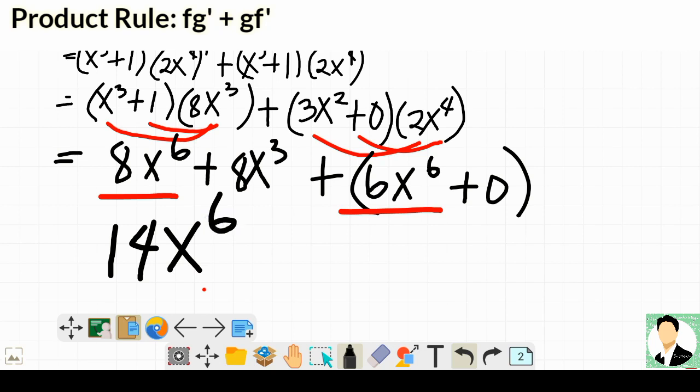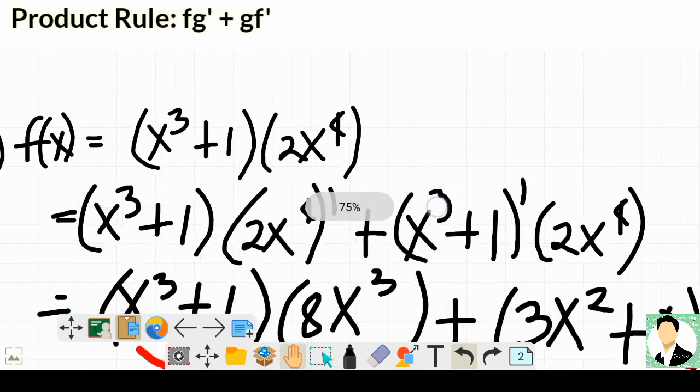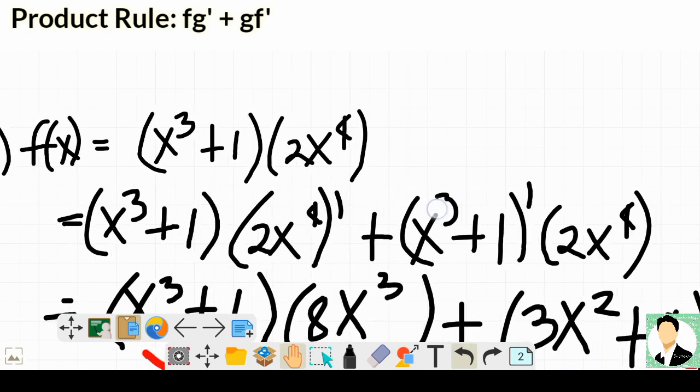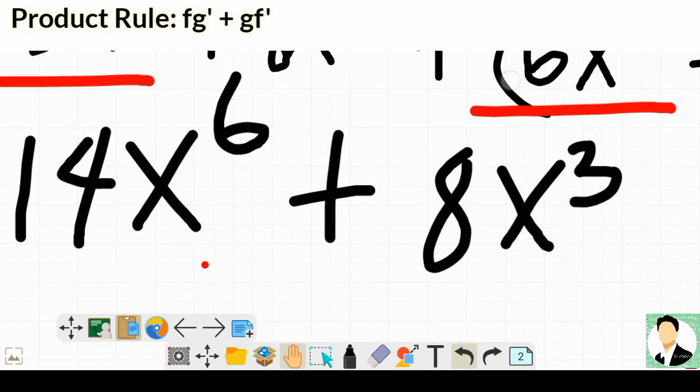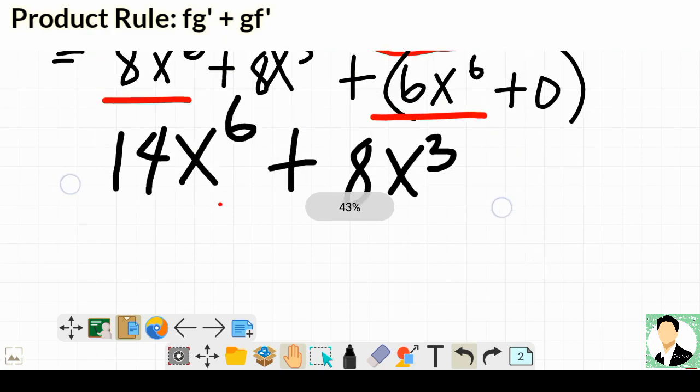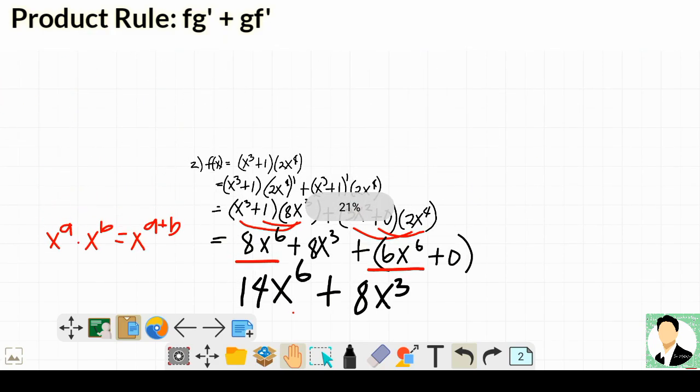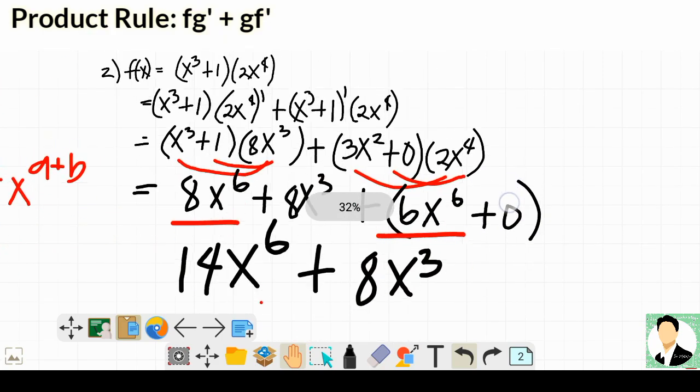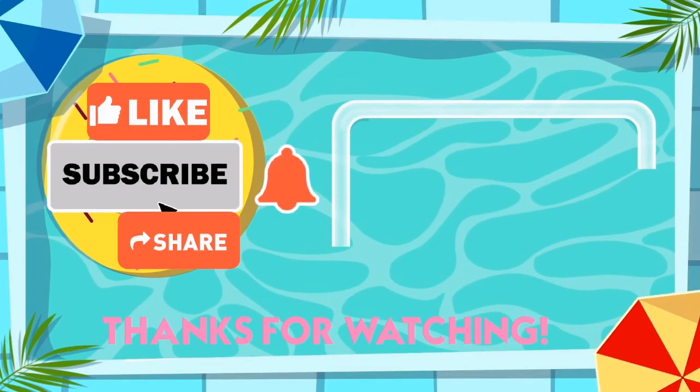So, just copy the literal coefficients. Plus 8x cubed plus 0. So, ang derivative ng x cubed plus 1 times 2x raised to 4 is 14x raised to 6 plus 8x cubed.